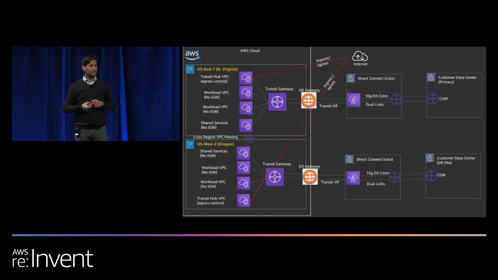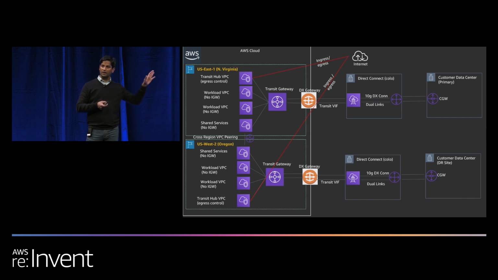And if you have egress control, again, a lot of customers also tell us, we don't want any IGW or public subnets in our VPC. What do I do about that, and how do I scale? One method of doing that is going through the transit hub VPC as on the top, where you control all your egress routes. And all your workload VPCs, if they have to egress out to the internet, egress through the transit gateway, go to the transit hub, where you can do filtering and proxy connections and things like that, to help you scale.